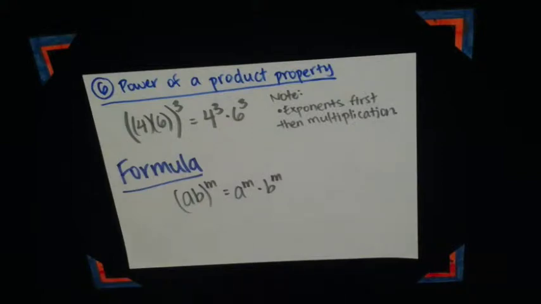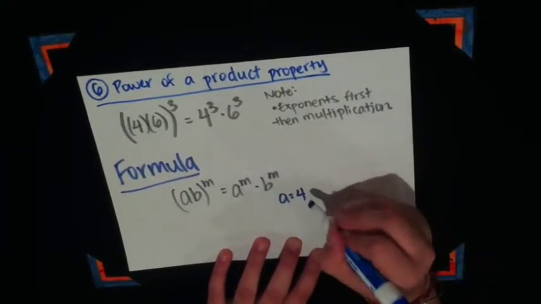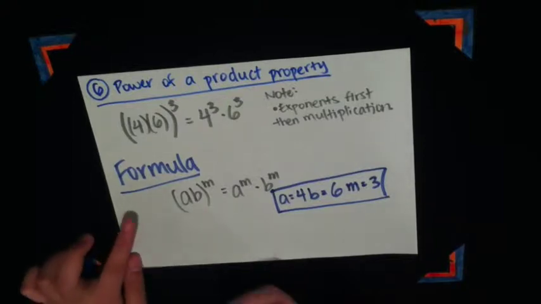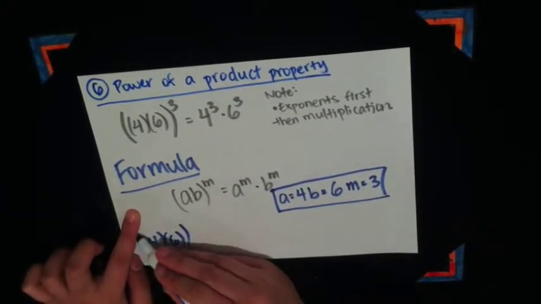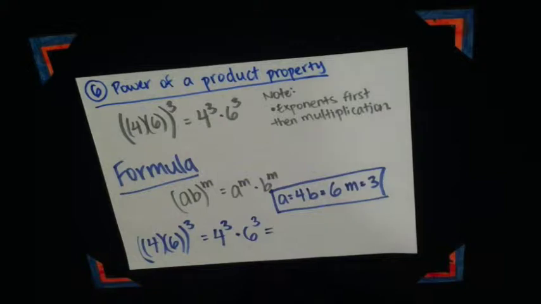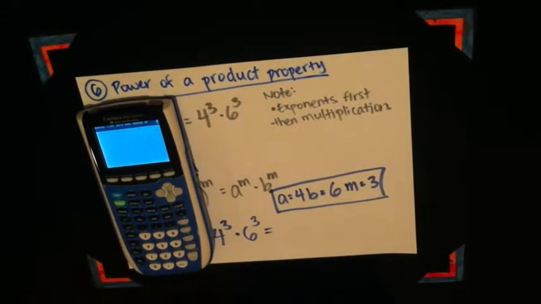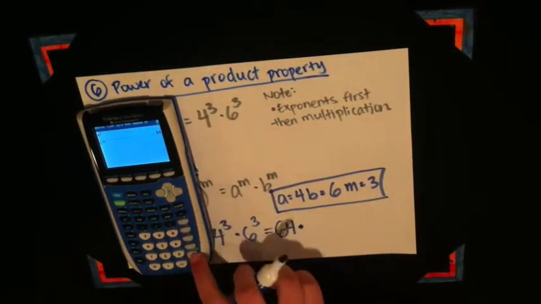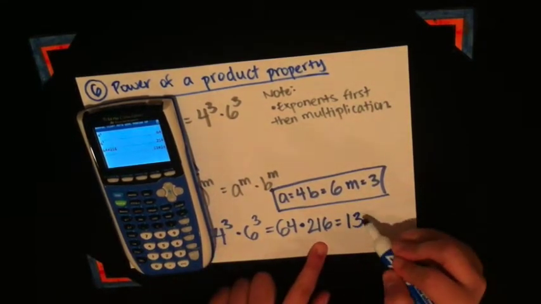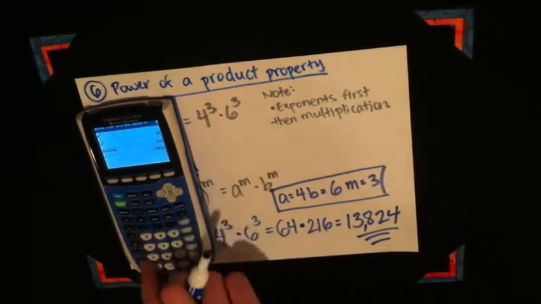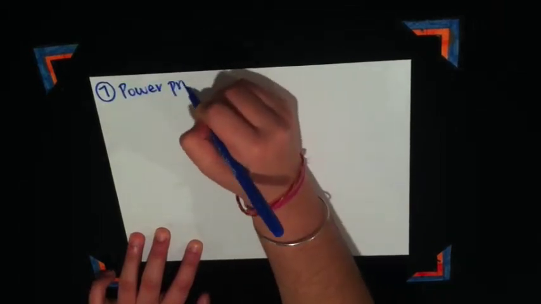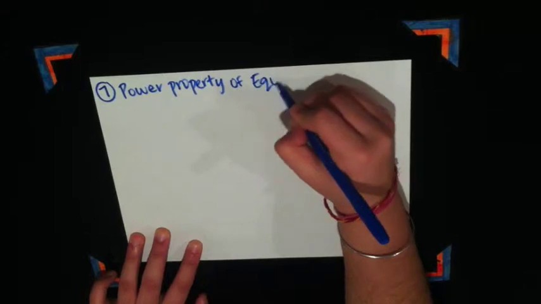Now let me lay this out for you. a = 4, b = 6, m = 3. So (4 times 6) to the third power, which equals 4 to the third, 6 to the third, which equals 4 to the third, which is 64, times 6 to the third, which is 216. 64 times 216 equals 13,824.